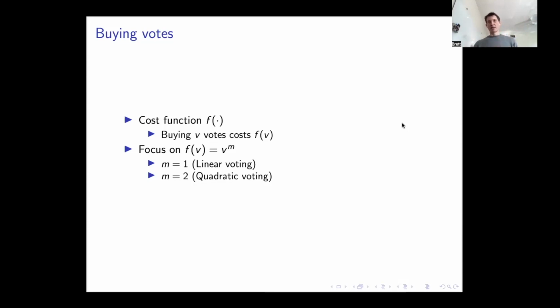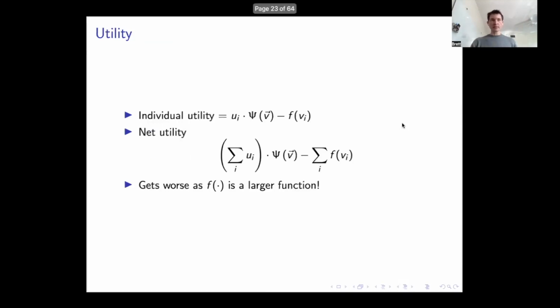But again, this kind of analysis works for any exponent m. And so we're going to think of the individual's utility as U_i times the outcome of the vote, we use psi for the outcome of the vote, minus what they paid to cast their votes. And so the net utility is the sum of this.